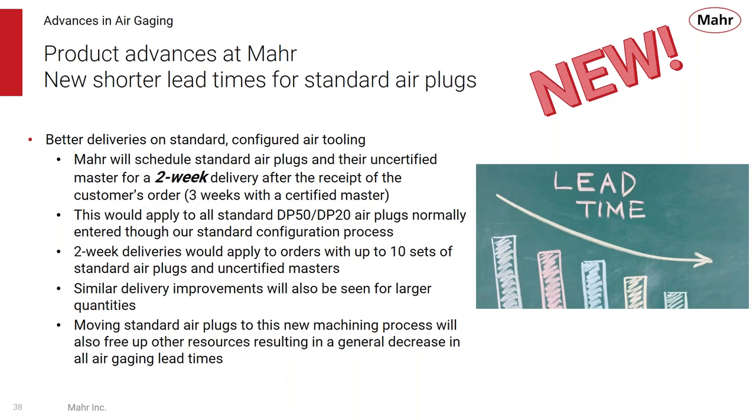And we expect to have similar improvements when we have larger orders. So moving standard air plugs to this new machining and manufacturing process, again, is going to free up other resources, resulting in a general decrease in all air gauging lead times.